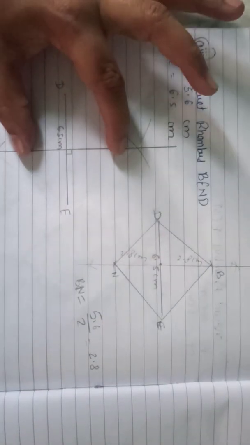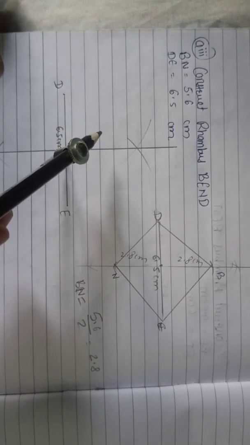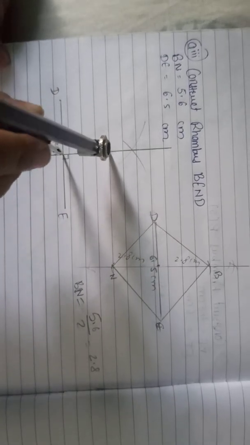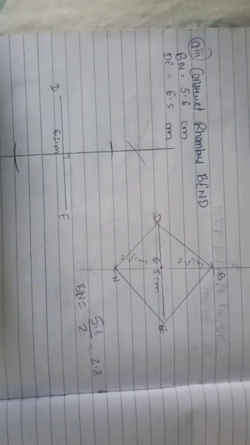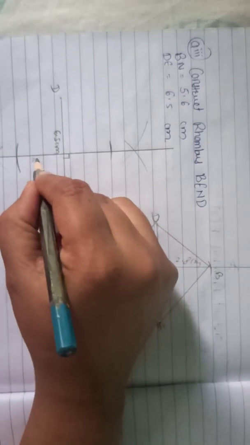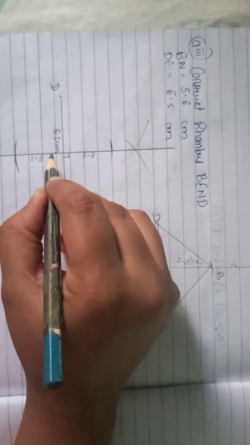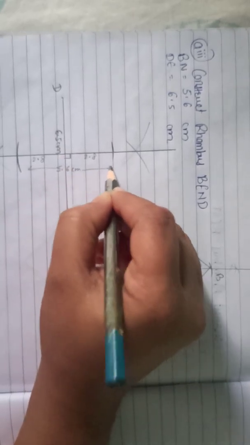Okay, now as BN will come here, why have I taken 2.8? So this is the middle point. From the middle I will take 2.8, means I will draw one arc here, 2.8 upside and 2.8 downside, and this full distance is 5.6 centimeter.